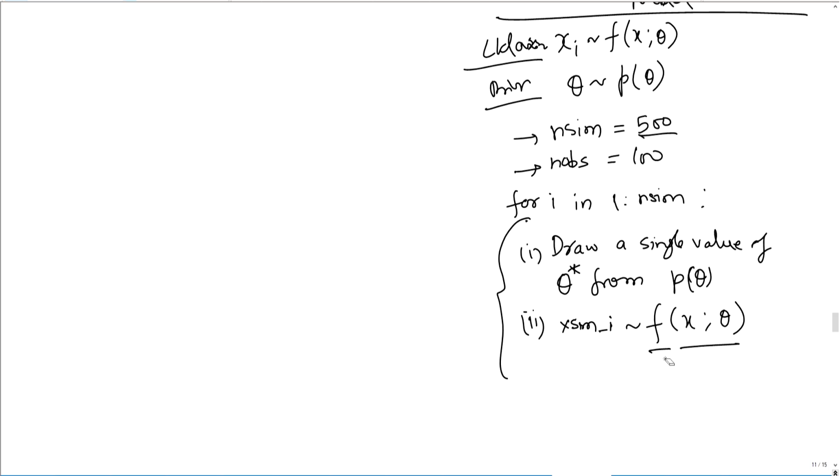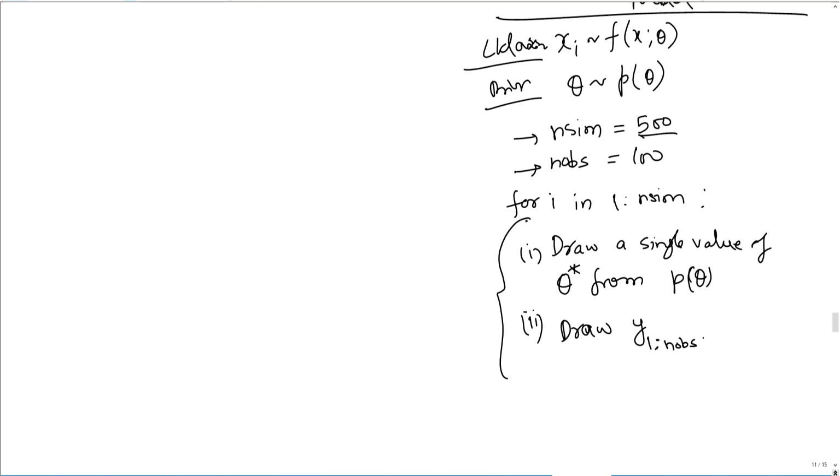So, what you are going to do here is basically draw a sample of data points, let us call it y 1 to n obs. How many data points? As many observations as you want to collect.